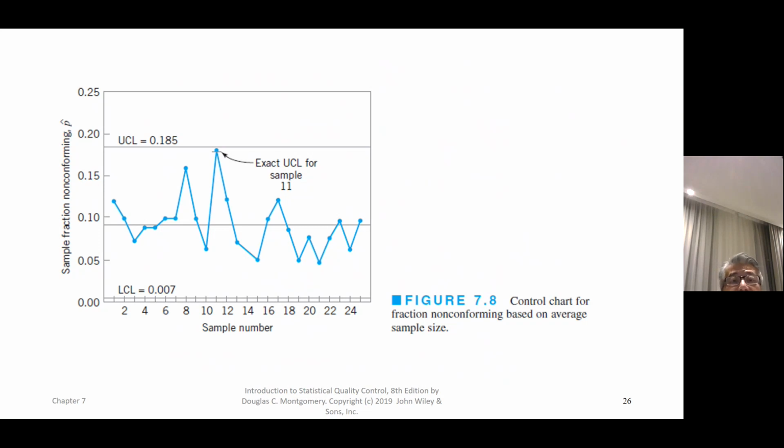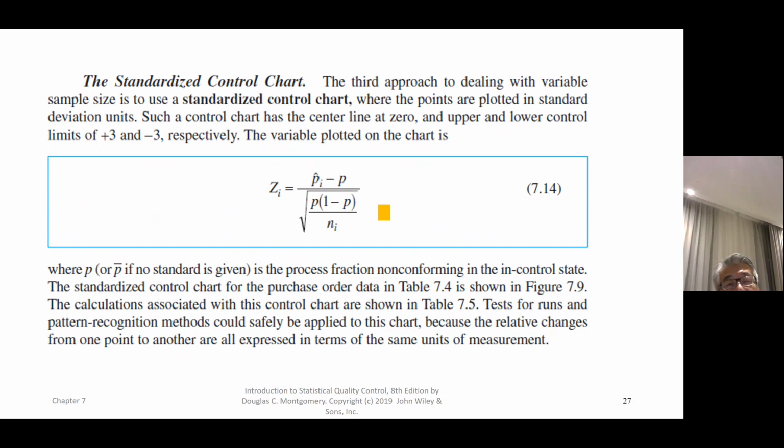The third one, the standardized control chart. Standardization forces the center line to be 0, the upper limit to be 3.0, and the lower limit to be minus 3.0. The third approach to dealing with a variable sample size is to use a standardized control chart, where the points are plotted in terms of the scale of standard deviation units.